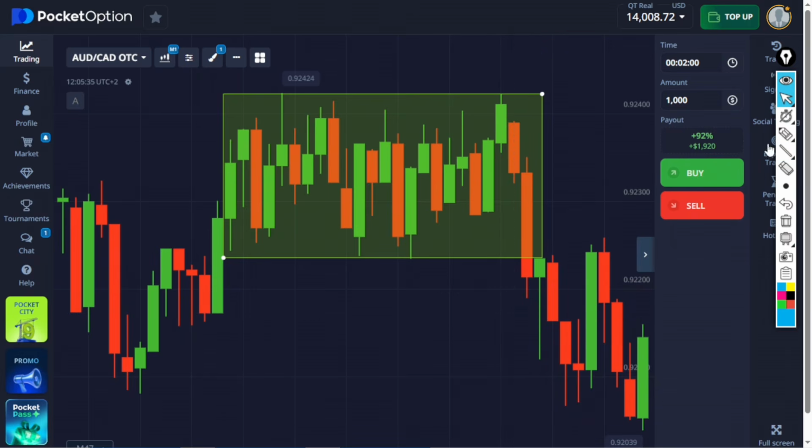So what happens here? As you can see, we got a break and a candle closure below the zone. This can also be seen as a support break. But this break right here isn't all that convincing. Reason being, even though we got that candle closure, this candle closure and this break still remains within the estimated area of the bottom of this consolidation zone.